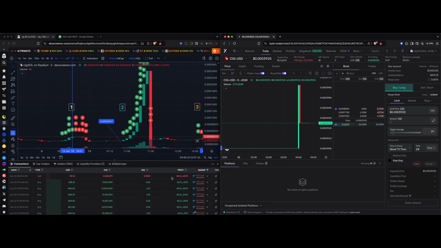I wanted to give a quick update on the whole attack on SIG on DYDX and just say that I am going to be splitting this into multiple parts. I didn't expect the explanation of the first pump and dump to be over 10 minutes, so please bear with me as I try to explain the rest of the pumps, because that is when the attacker essentially makes more money.